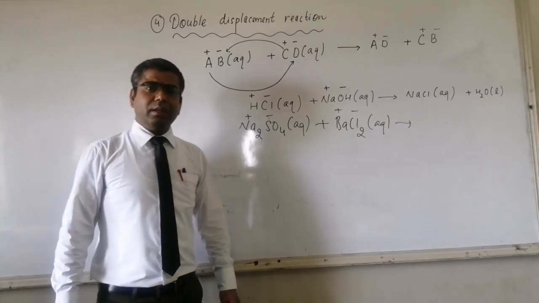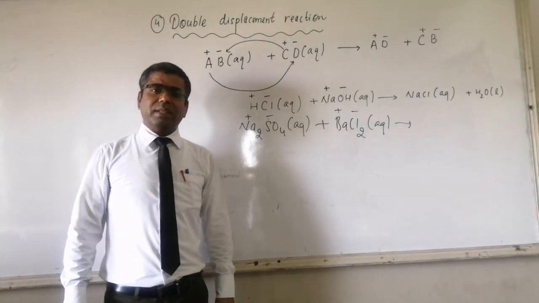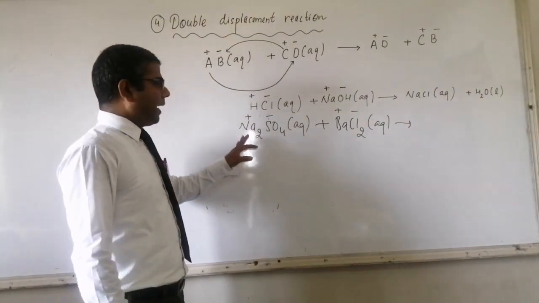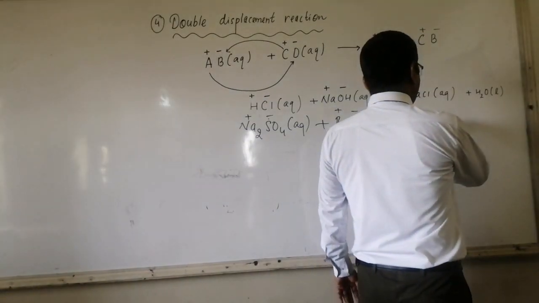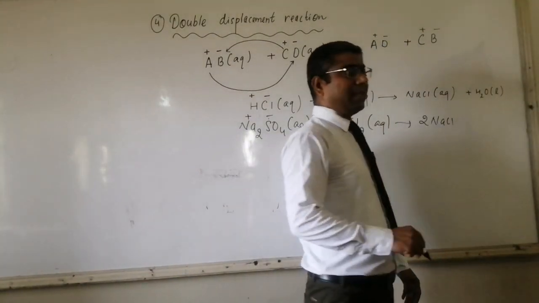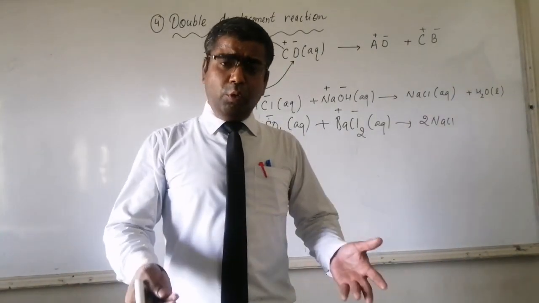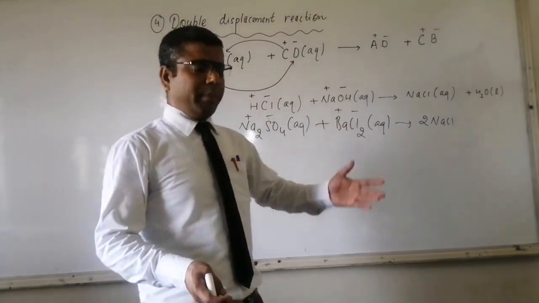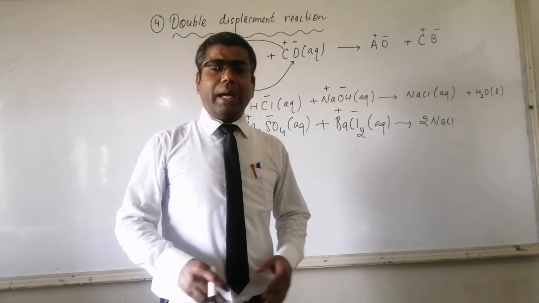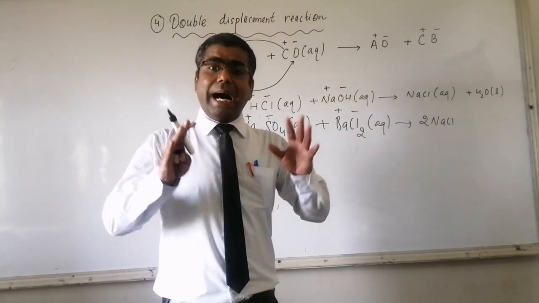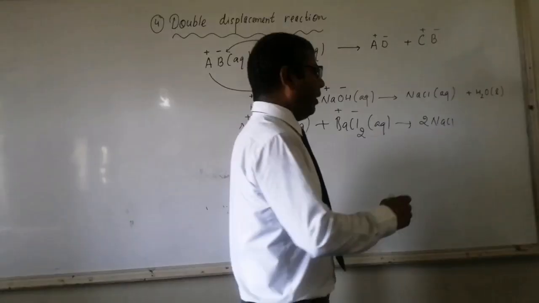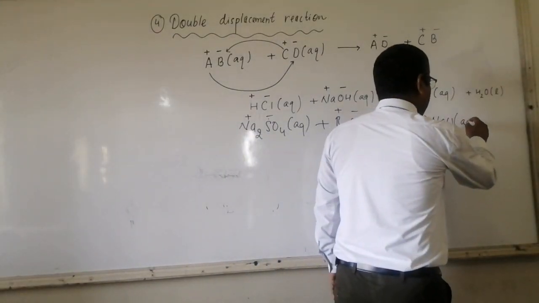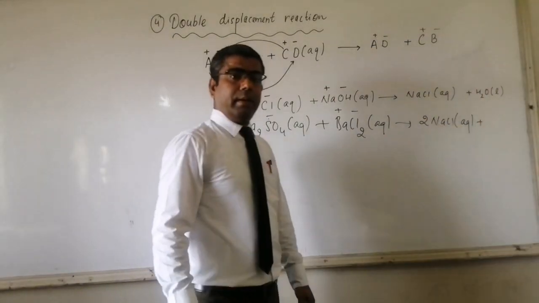What happens in the reaction? Exchange of opposite ions will take place. So Na+ will combine with Cl- to form sodium chloride, NaCl. You know it very well that common salt, sodium chloride or table salt, is highly soluble in water. So we will get the aqueous solution of sodium chloride.